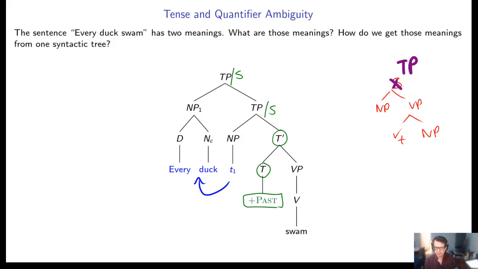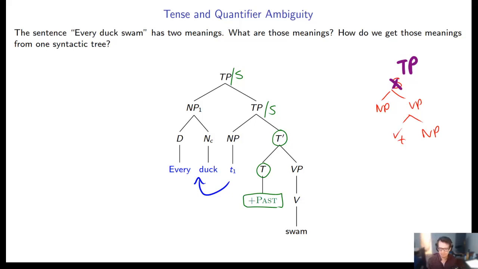Actually, the sentence "every duck swam" has two different meanings. This might not be something that we think about, but every simple past tense sentence with a quantifier, like every or all, has two meanings. So the first question is, what are those meanings?